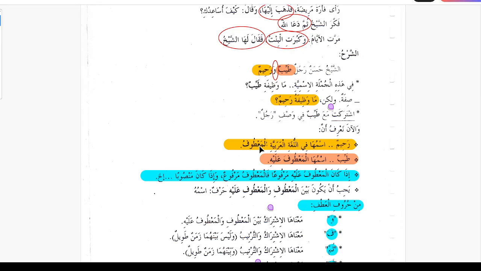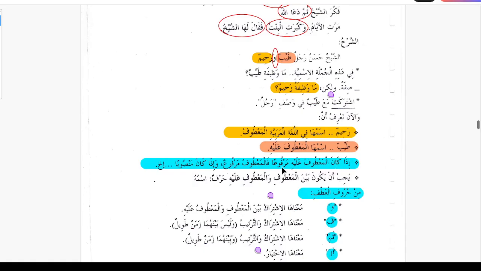This is the terminology we have to remember: matuf and matuf alayh. Is kana matuf alayh marfoon fal matufu marfoon. So when this is marfu, this also has to be marfu. If this is mansoob, this has to be mansoob, and if this is majroor, this has to be majroor, etc.